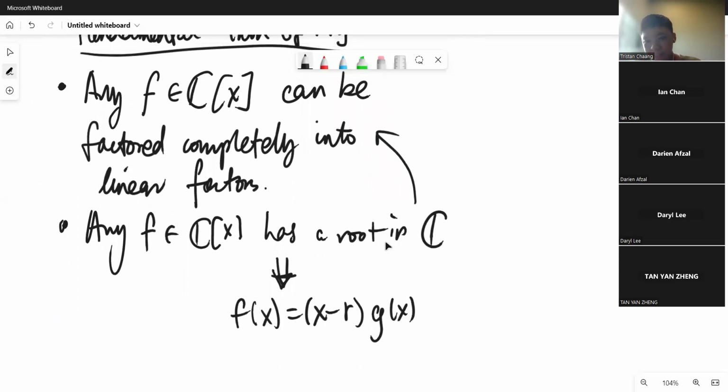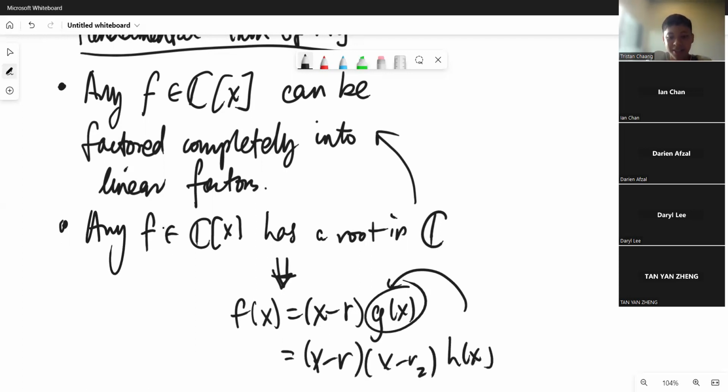So the point is this: if this statement were true for any polynomial, so note any here, then we write it as this, and we apply the same statement onto this polynomial now. So g(x) has a root also.